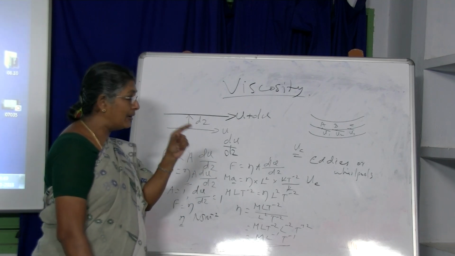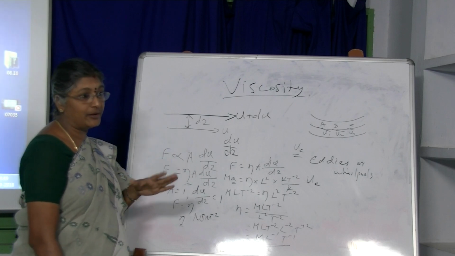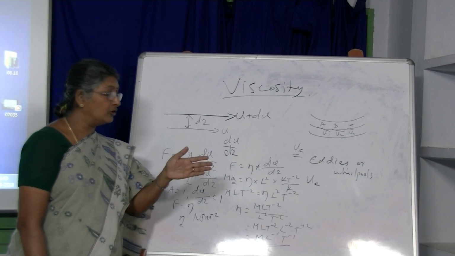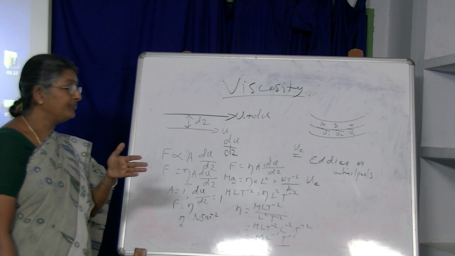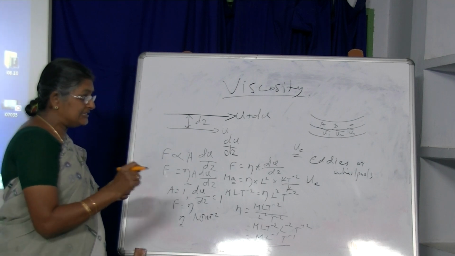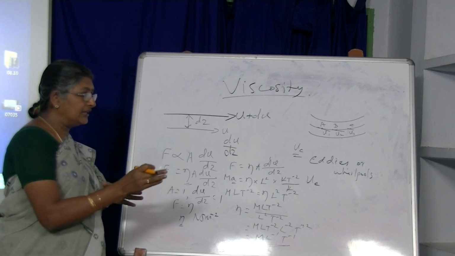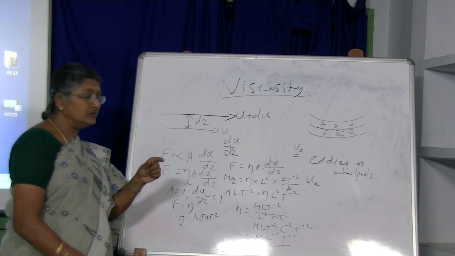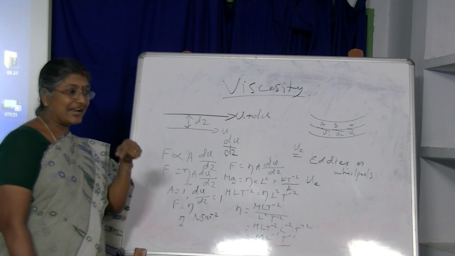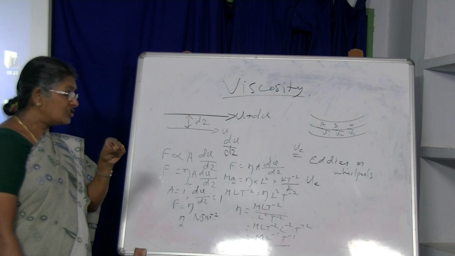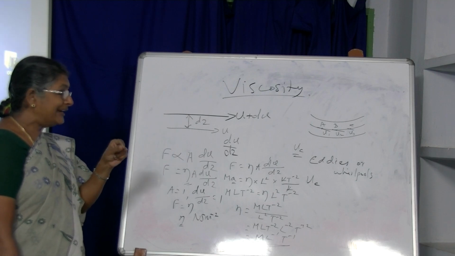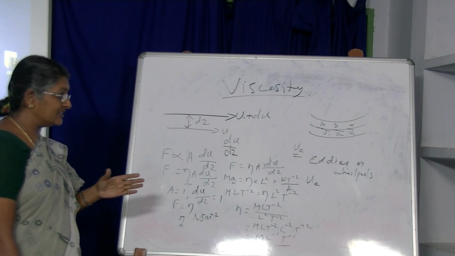Now this can be demonstrated by a very simple experiment. Allow water to flow through a wider tube axially. Now allow a jet of ink to flow through the tube. We can see the ink will travel in a straight line as long as the velocity of the liquid does not exceed the critical velocity.